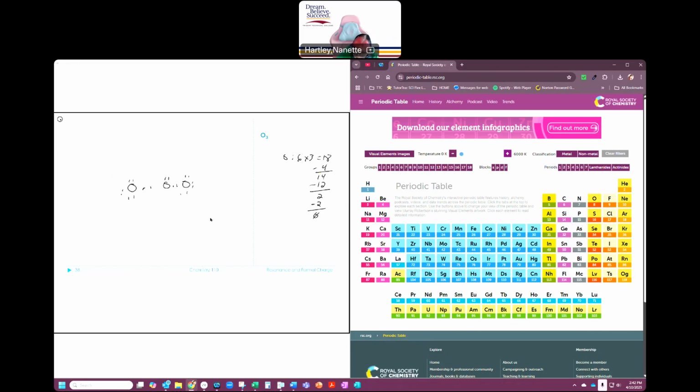That does not give us the best structure. So we know we're going to have to make at least 1 double bond. So we put this in like this, and that gives us this structure here. Not ideal. We know that we have formal charge on this, so we're going to call this oxygen 1, oxygen 2, and oxygen 3.